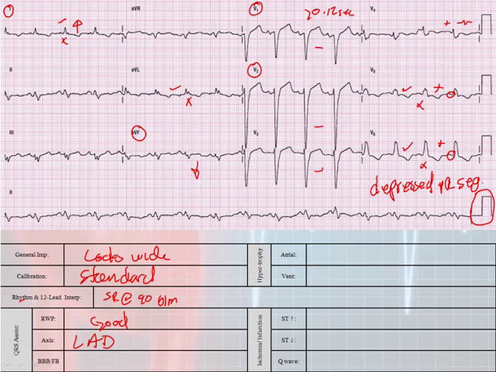That is not a Q wave, that is a depressed PR segment, completely different, indicative of something else. So do we have the criteria for a left bundle branch block? Yes, we do. So we're going to have a left bundle branch block. So let's continue our 12-lead interpretation up to this point. Sinus rhythm at 90 beats a minute with a left axis deviation and a left bundle branch block.